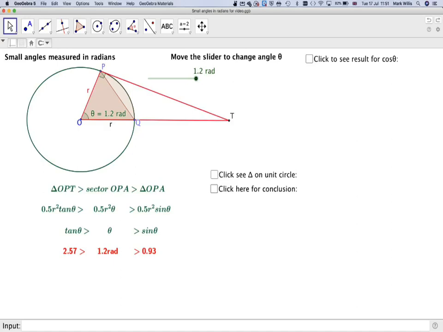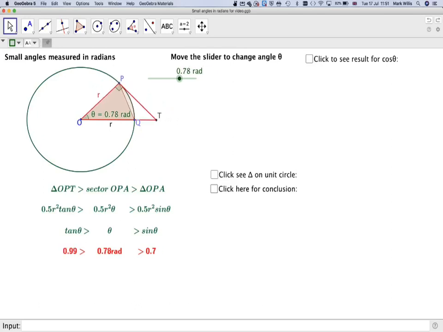Now, if we make theta smaller by moving the slider, look what happens to these three values here. As they get smaller and smaller, the large triangle and the sector and the smaller triangle will all coincide, and therefore these will become approximately equal.